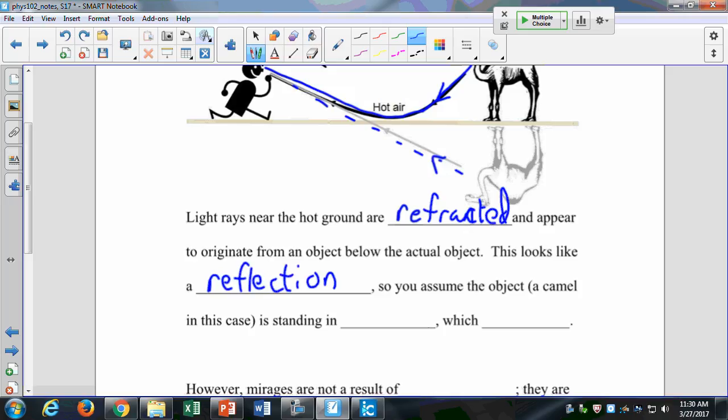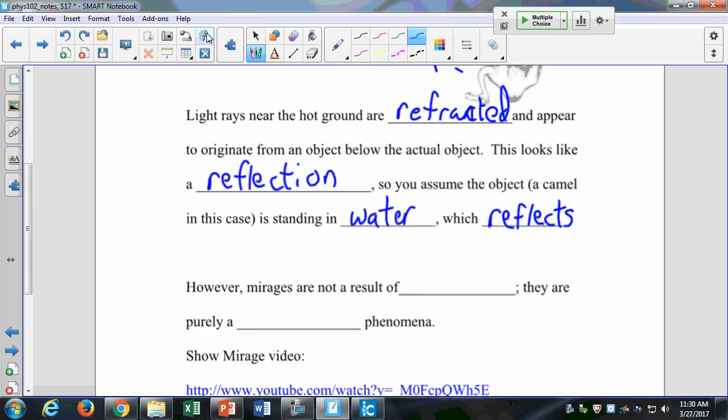So you assume that the object, which is the camel in this case, but most of the times it's just the clouds in the sky and maybe some trees or other cars, is standing in water, which reflects. However, mirages are not a result of reflection. In no way are they a result of reflection. Nothing about them is reflection. They're purely a refractive phenomenon.